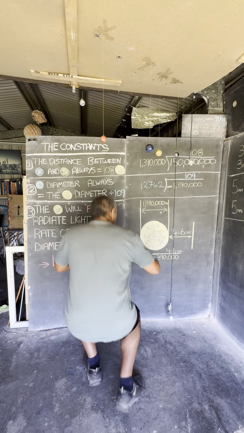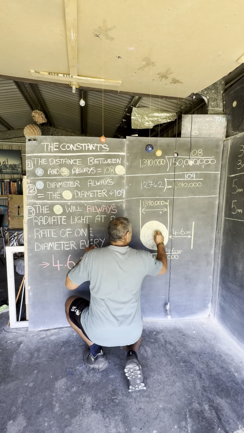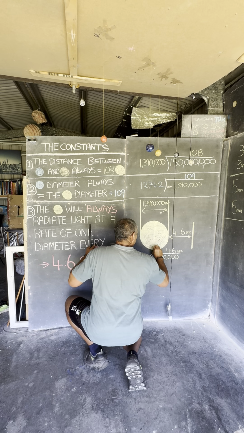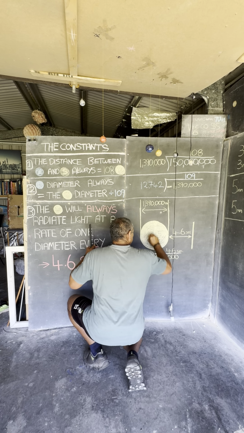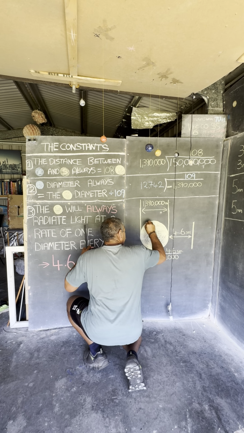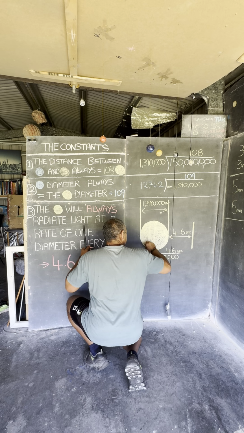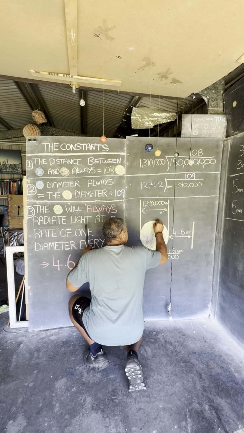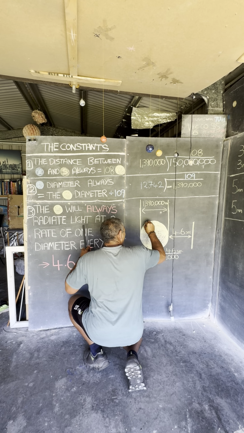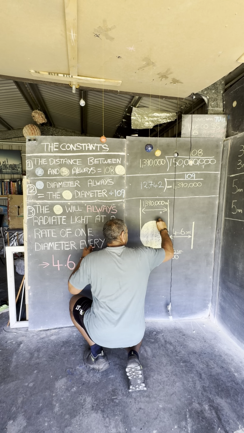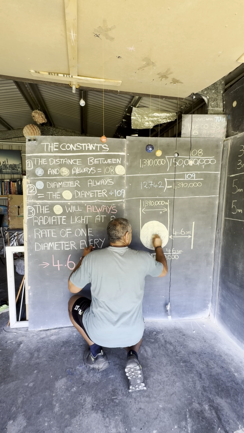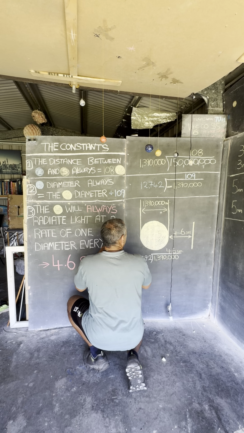I'm way off the mark there. What we have is a sun whose diameter is way bigger than the speed of light travels in 1 second. Right? So let's go again.